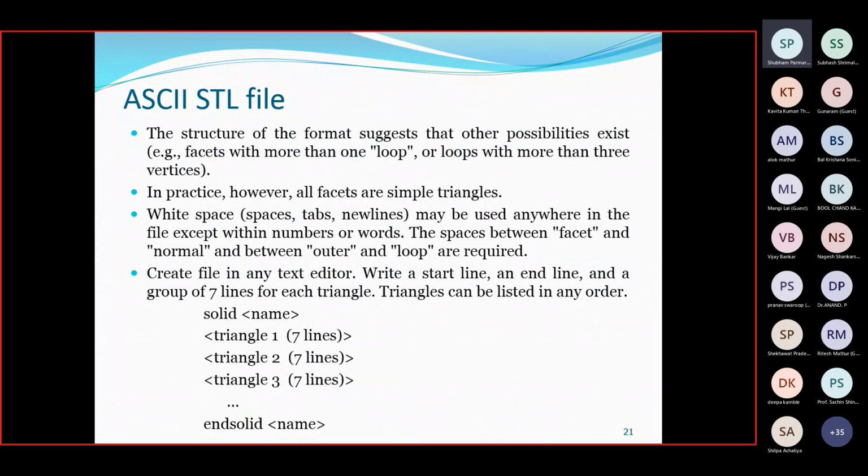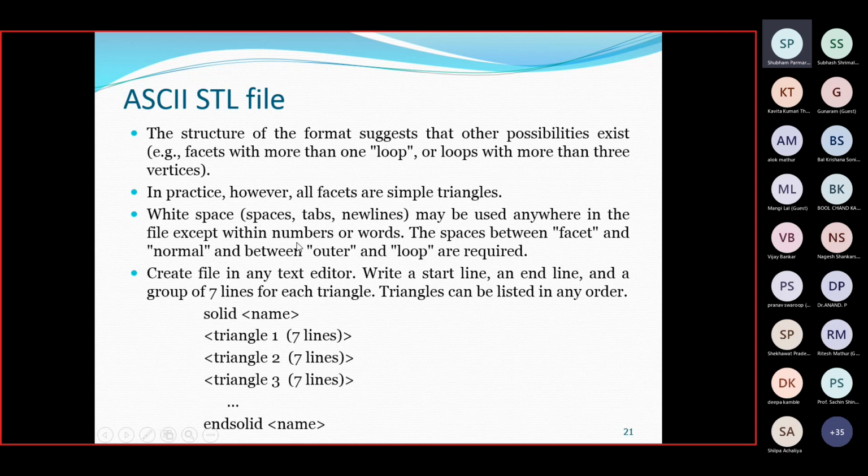Remember some of the points. Facets are simple triangles. All those facets which you have given are simple triangles. White spaces may be used anywhere in the file except within the numbers and words. Except within the numbers and names, you should not use white spaces.